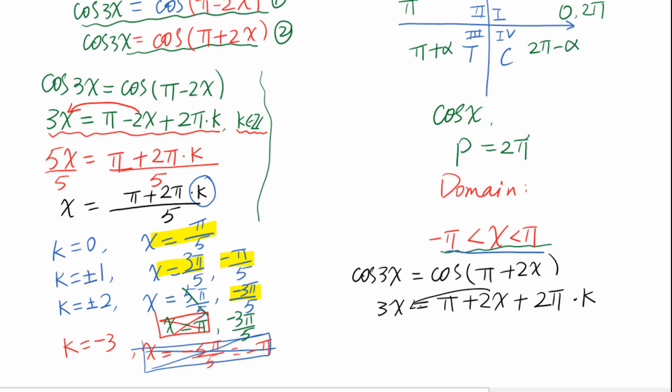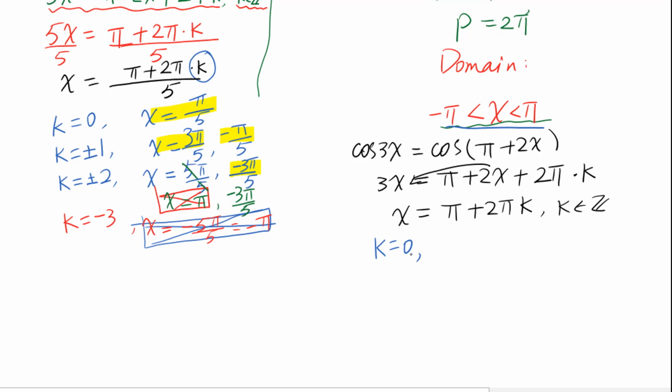Isolate the x on one side, you will get x equals pi plus 2 pi k. K is all integers. When k equals 0, x equals pi. It's already out of domain.